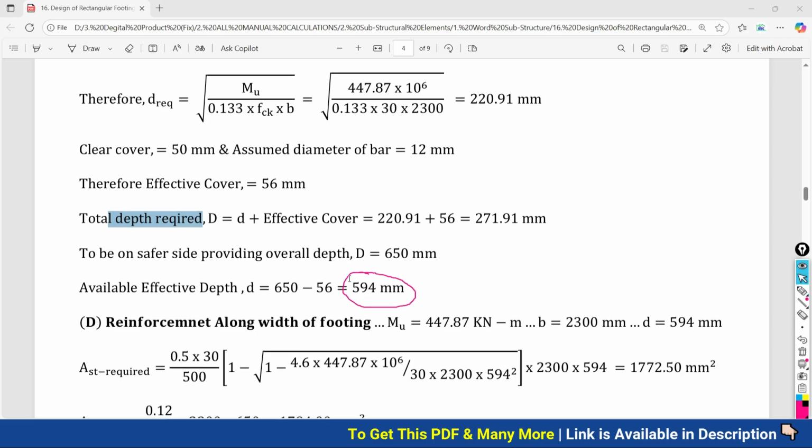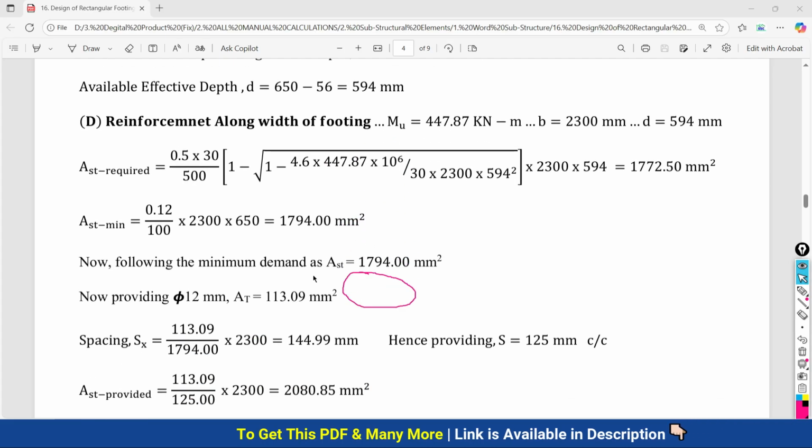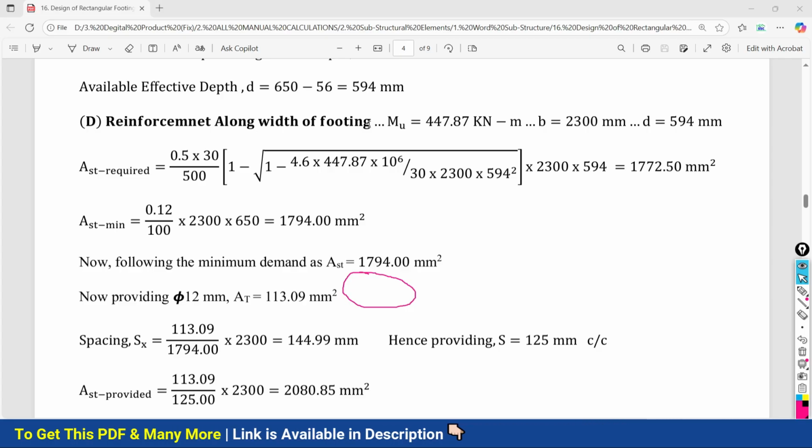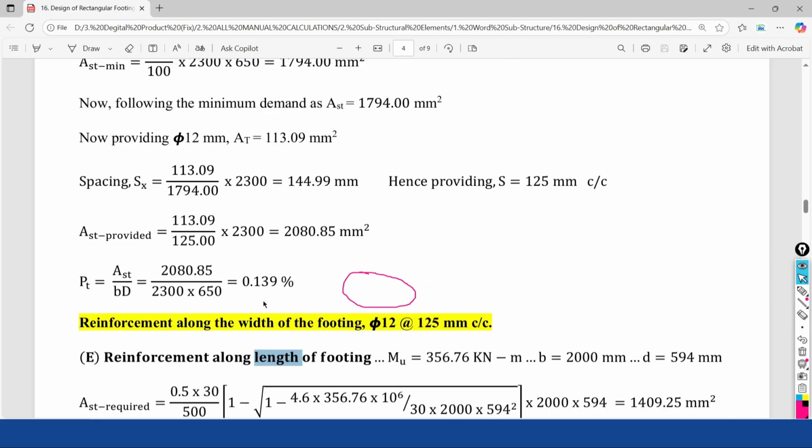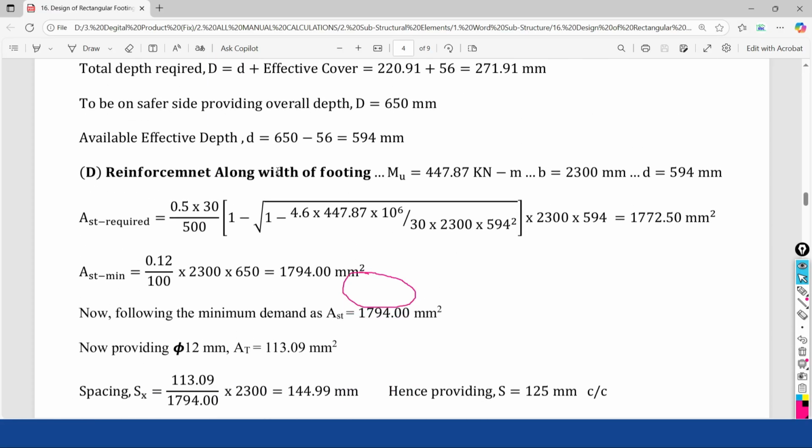Now finally we are going to do the calculation for the reinforcement. So reinforcement along the width of the footing. This is a separate calculation along the width. Thereafter we are going to do the calculation along the length. What reinforcements are required? So along the width, what is the maximum moment?